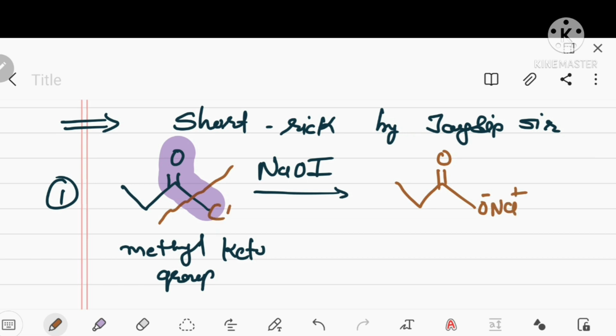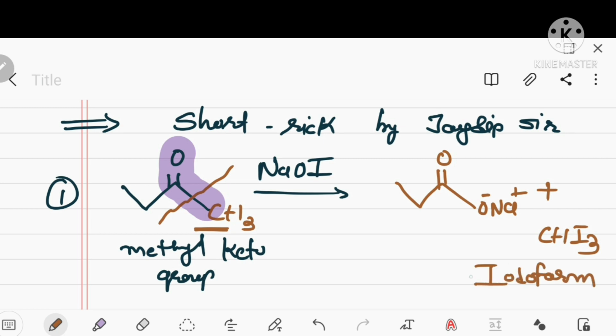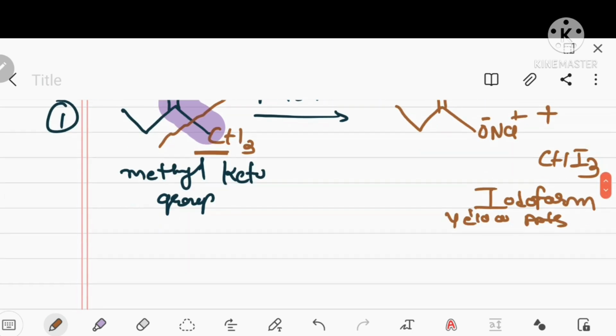The remaining CH3 is converted into halo. Here it is iodoform, so it is CHI3, which is the yellow precipitate that remains in our test tube.